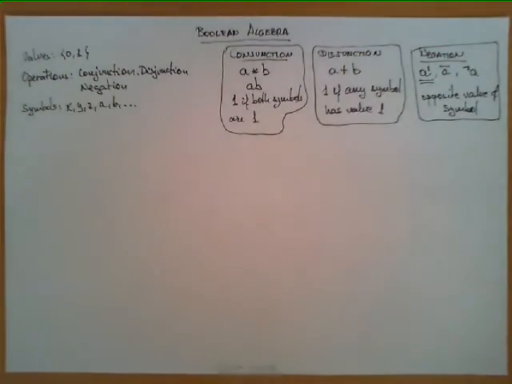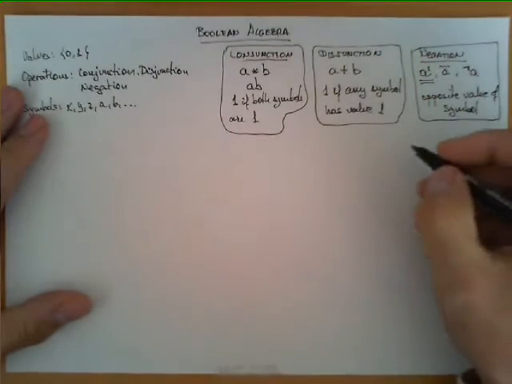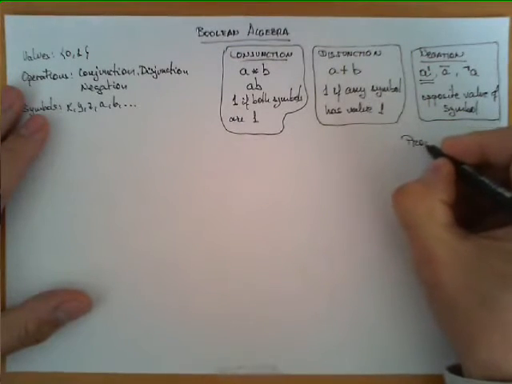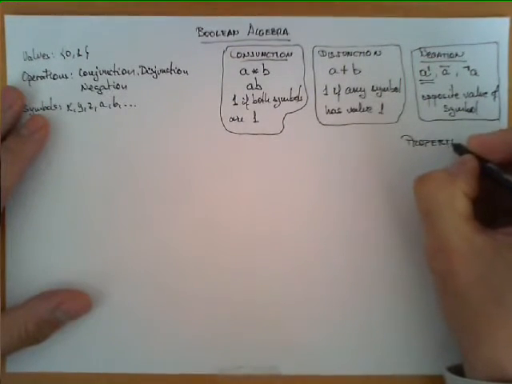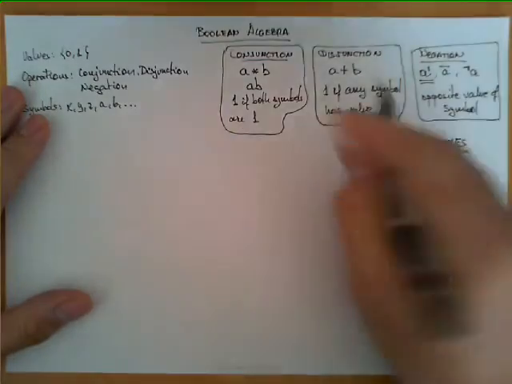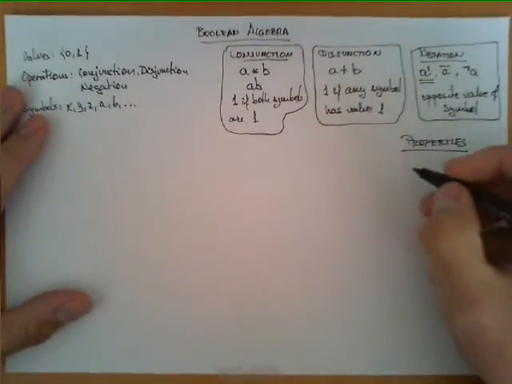These operations have some properties that are fairly common. The first one is that both conjunction and disjunction are commutative.